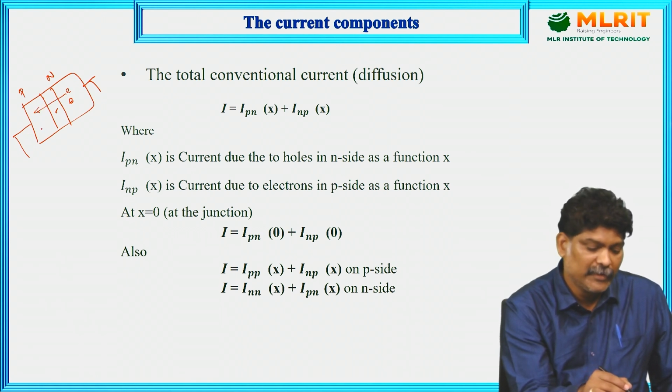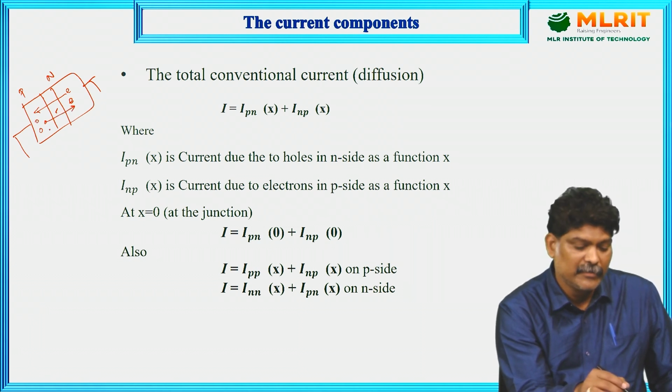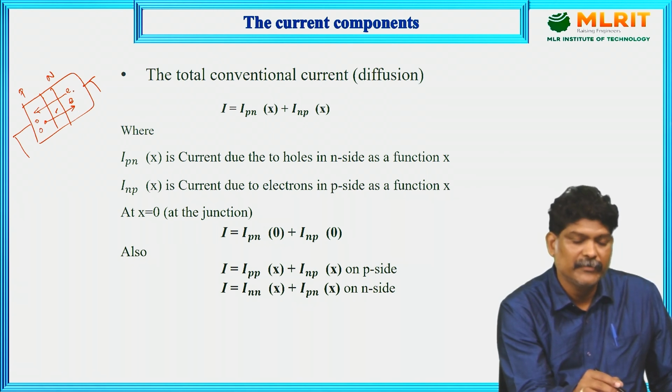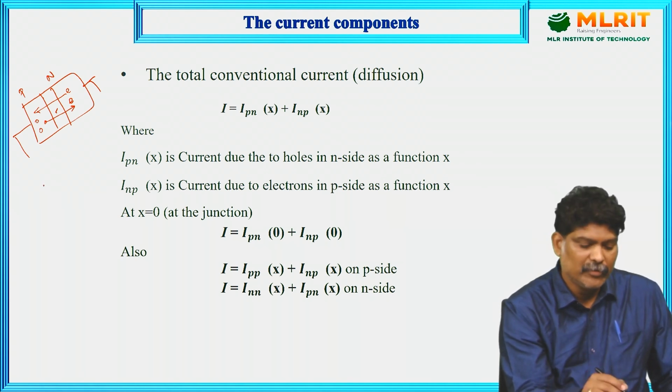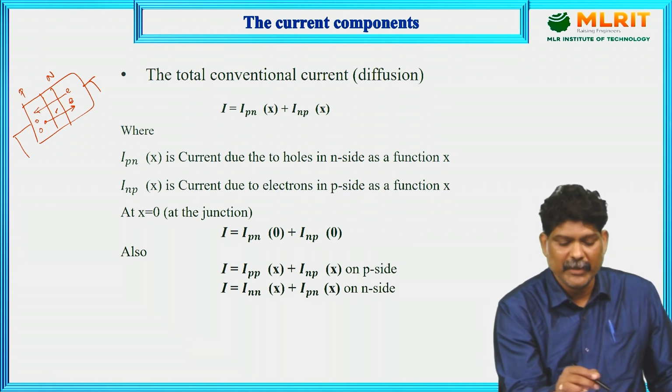Similarly, some of the holes, the majority charge carriers from the P side, will diffuse towards the N side. Due to this, there is some current flowing through the diode.